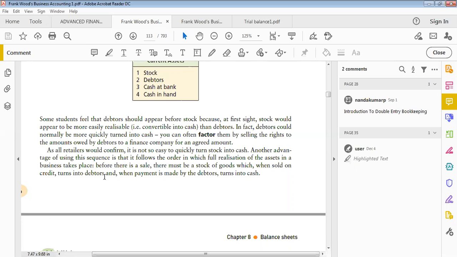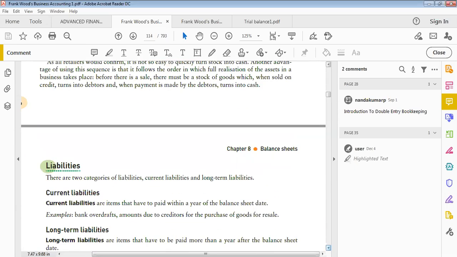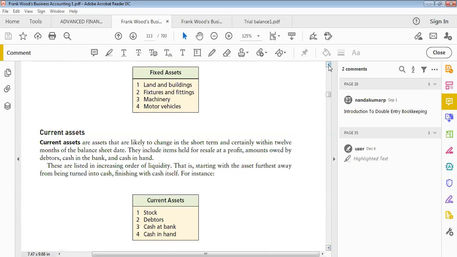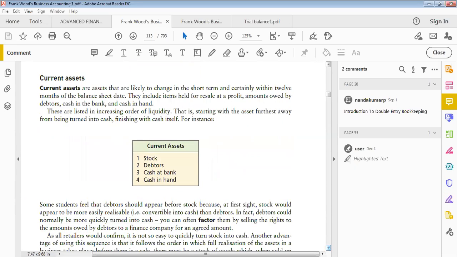And when payment is made by debtors, it turns into cash. So those are the assets you have: fixed and current assets. With fixed assets you start with land and buildings first and you go down. Currently you have stock, debtors, cash at bank and cash in hand.